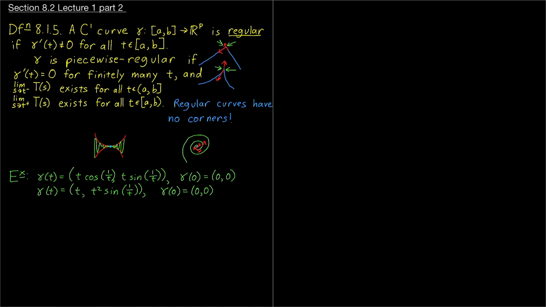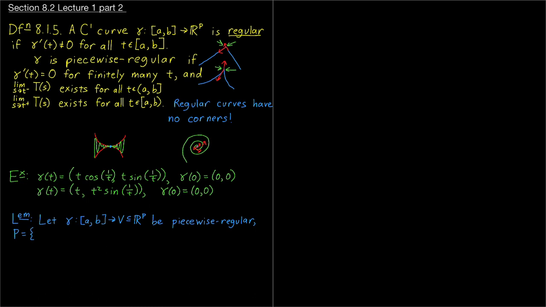Here's a quick lemma that I want to state about piecewise regular curves. So we take a piecewise regular curve, and let's let P be the set of points where gamma prime is 0.